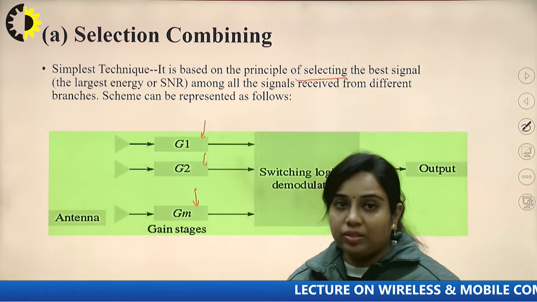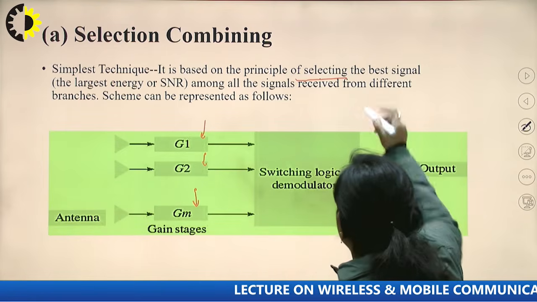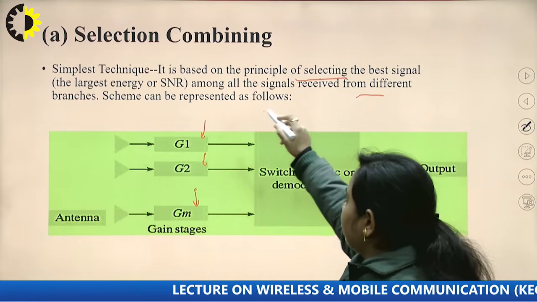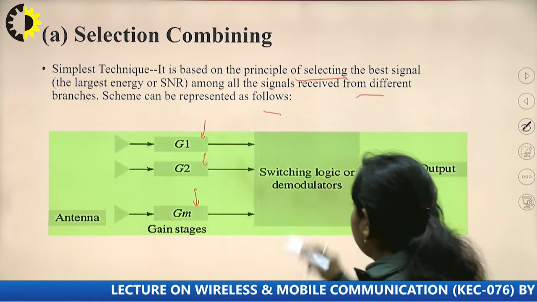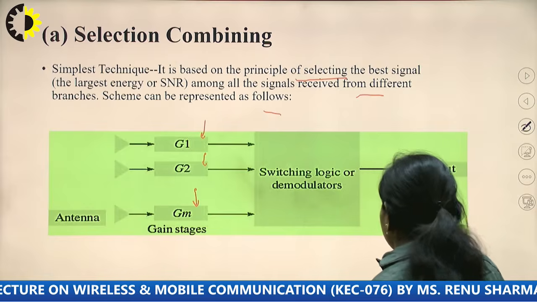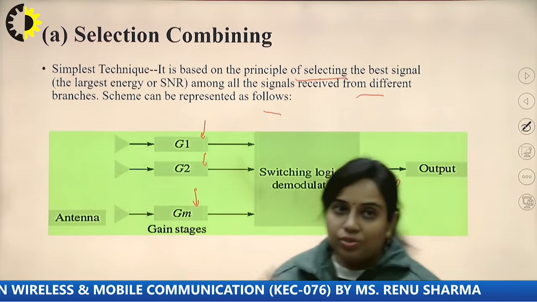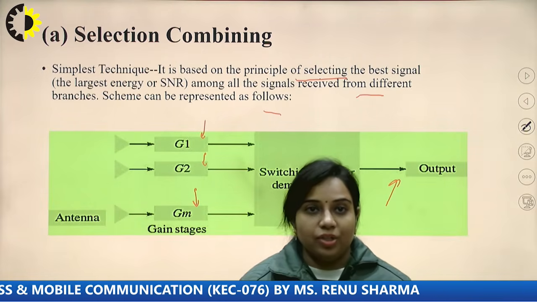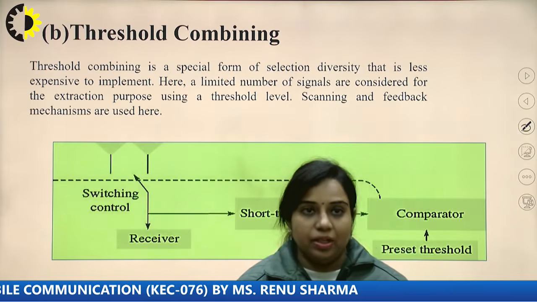It will consider that signal. So among all the signals received from the different branches, the scheme can be represented with switching logic or demodulators used at the receiver side, which generate the output. So this is the diagram for the selection combining diversity technique.